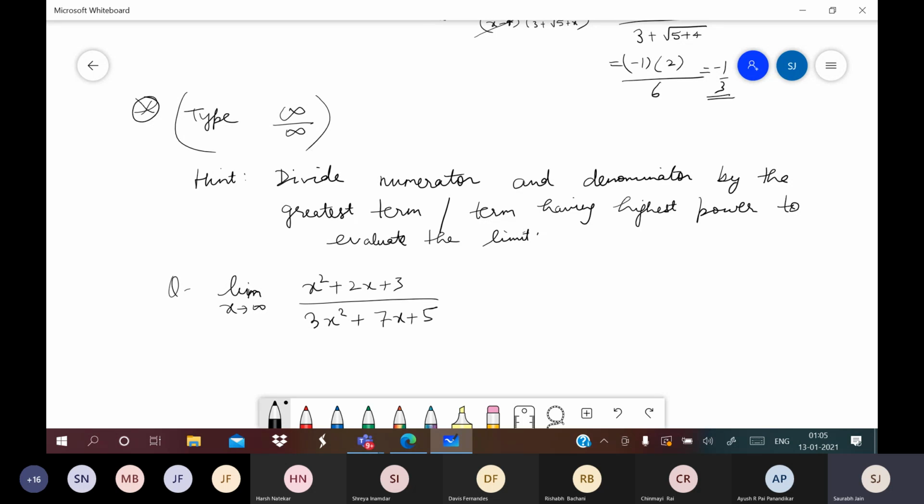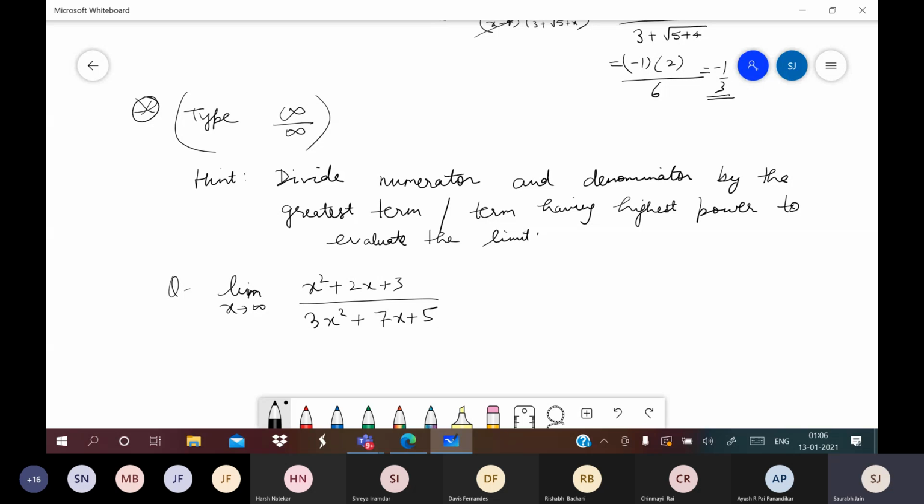Now to evaluate such kind of questions, what is the hint given? Hint is divide numerator and denominator by the greatest term, or what else? If you are not able to understand what is the greatest term, you can divide numerator and denominator by the term having highest power.